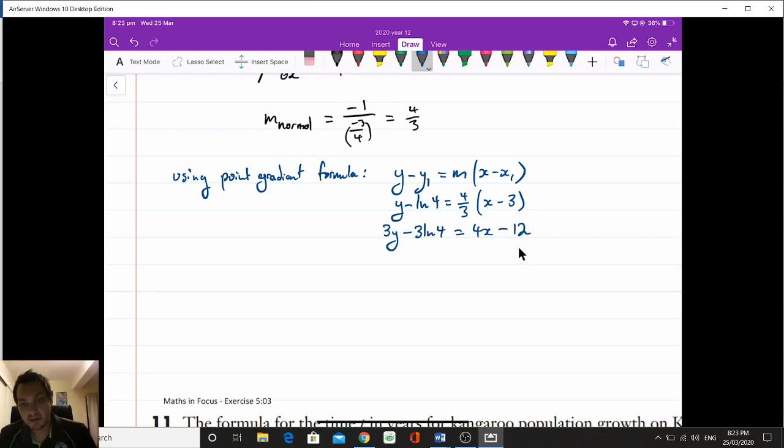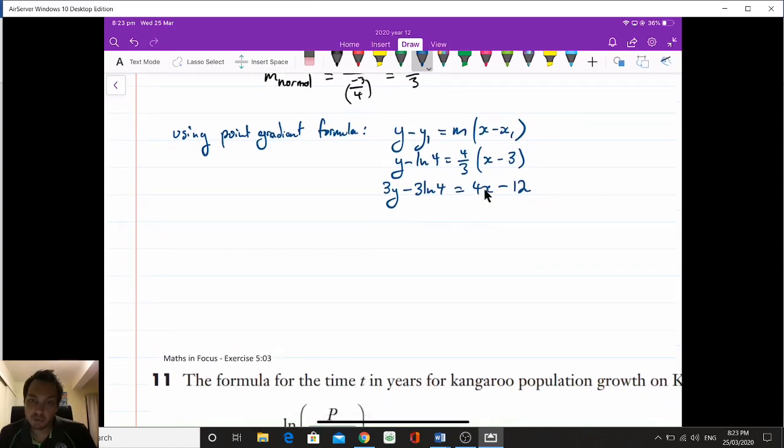Then I can't have a negative 4x on the left side, so I'm just going to move it all to that side and make it equal to 0. So it will be 4x minus 3y plus 3 ln 4 minus 12 is equal to 0.